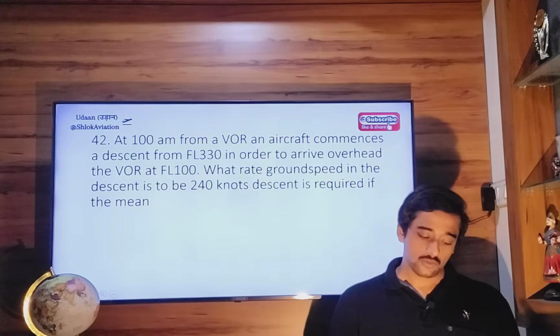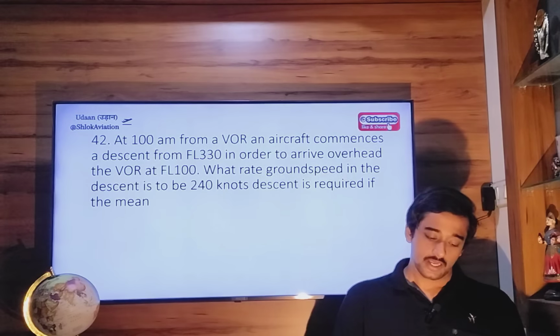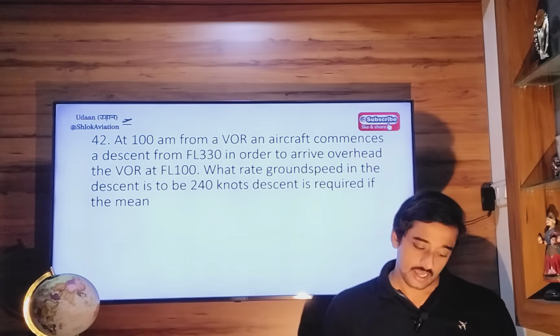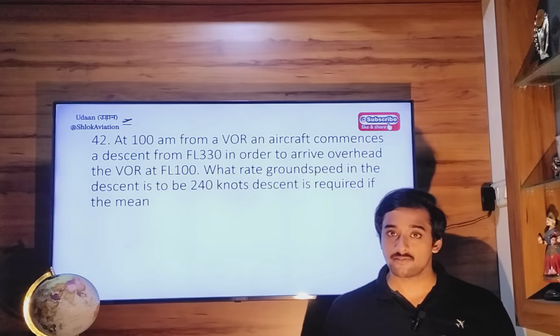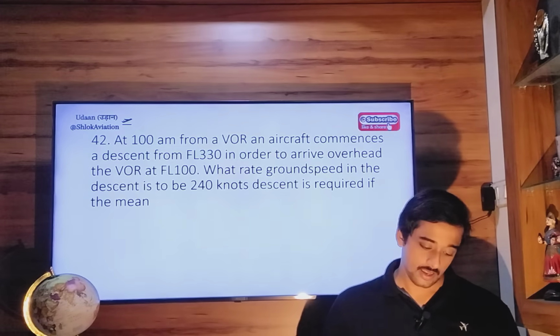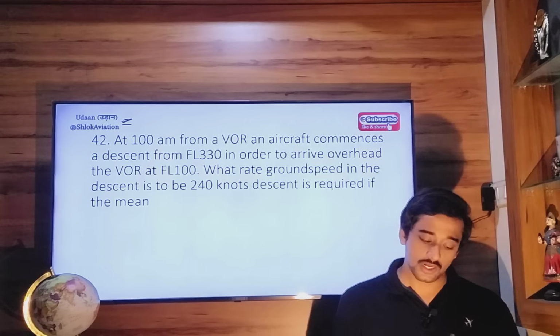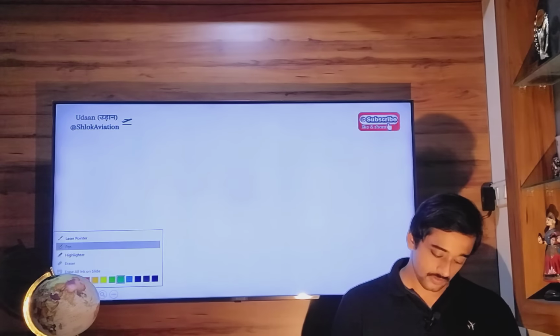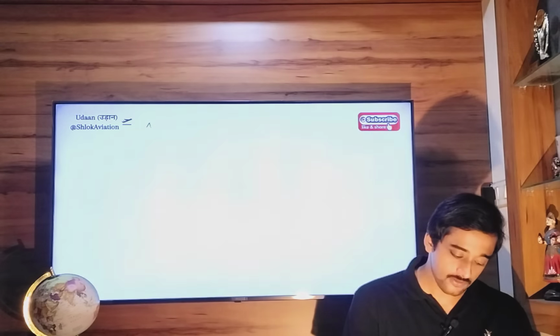Next, at 100 miles from a VOR, an aircraft commences a descent from flight level 330 in order to arrive overhead the VOR at flight level 100. Ground speed is 240 knots. What is the rate of descent? So let's say this is your aircraft.